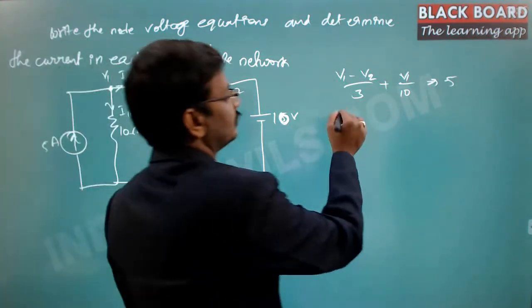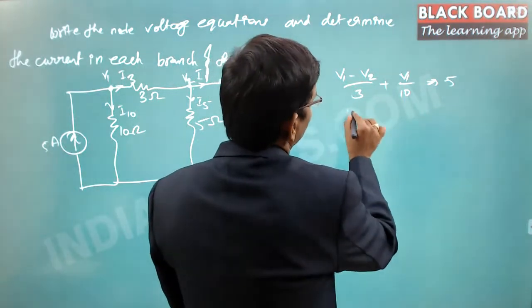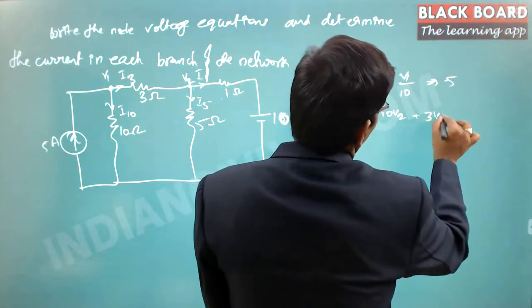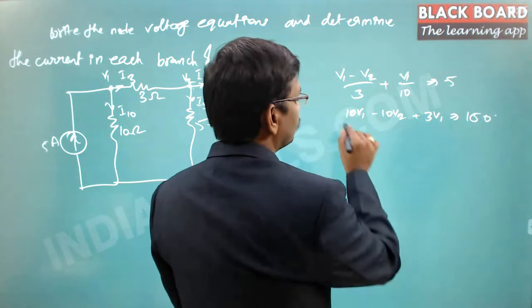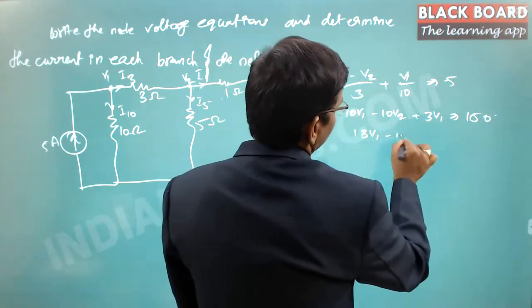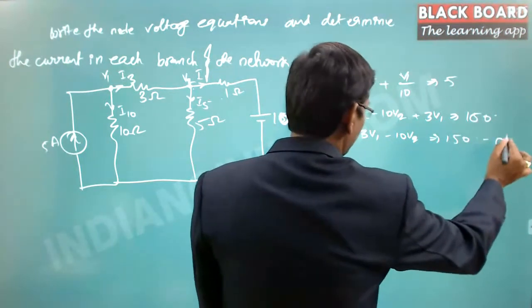So the LCM will be 30, and then 10 V1 minus 10 V2 plus 3 V1 is equal to 150. So 10 V1 plus 3 V1 is 13 V1 minus 10 V2 is equal to 150. This is equation number 1.